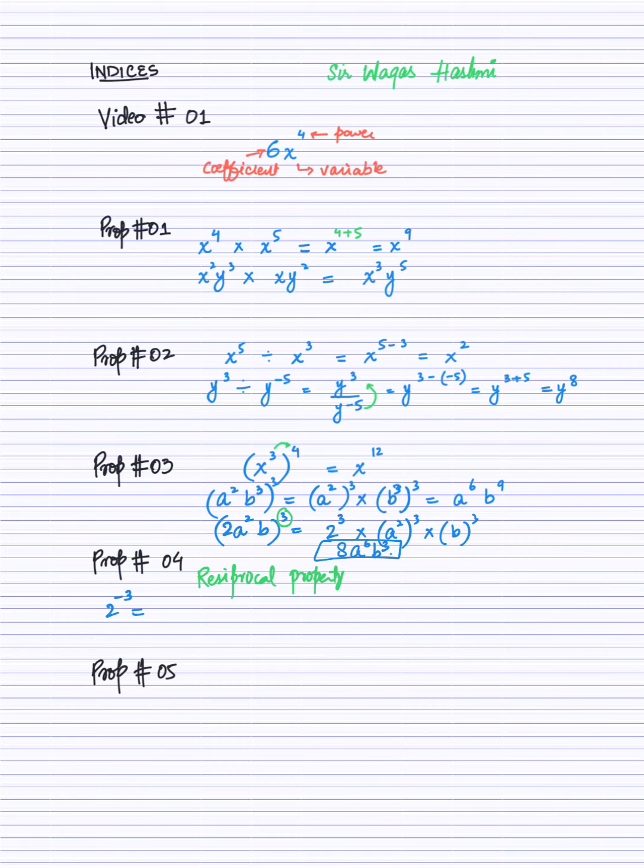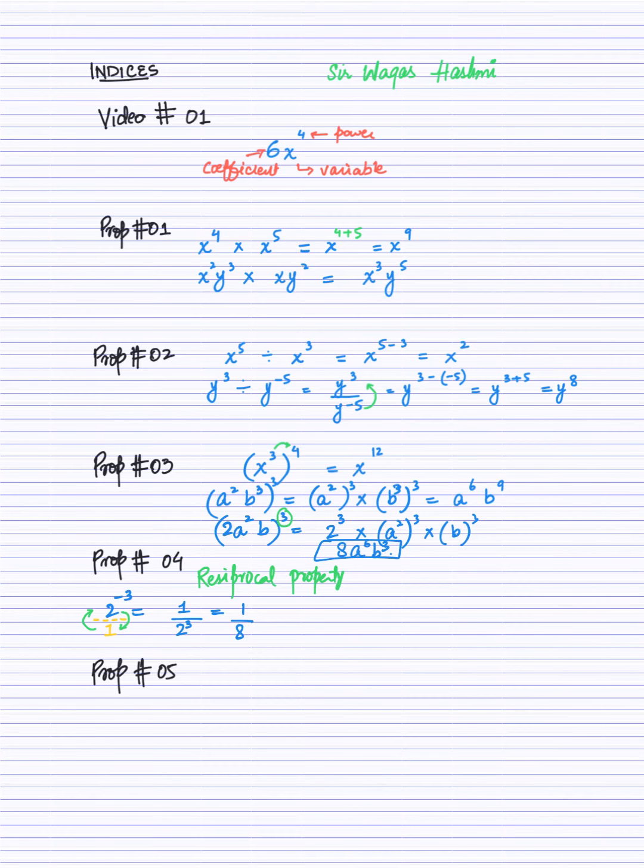And what does this property say? In the denominator of 2, if there is no number, it means that 1 is already present. Now you need to flip that fraction. So how are you going to write it? It will be 1 divided by 2, and when you flip that fraction, the power changes its sign, so that will be equal to 1 over 2 to the power 3, which is 1 over 8.